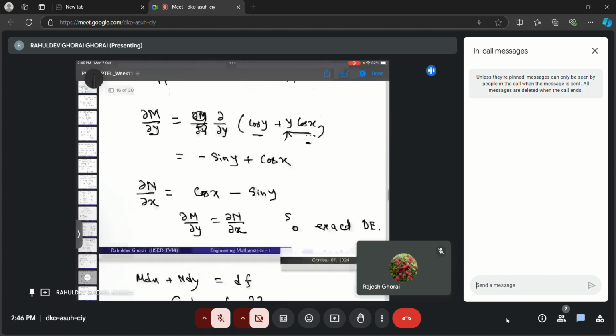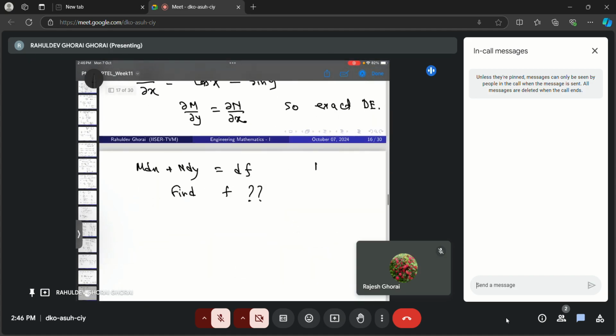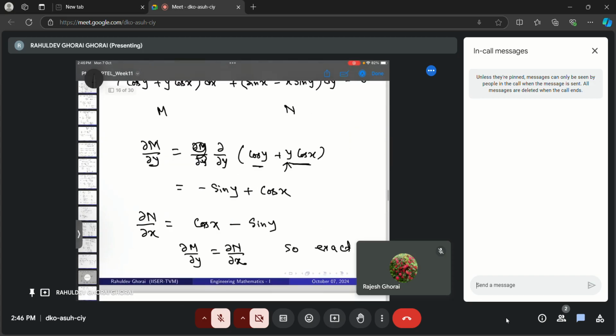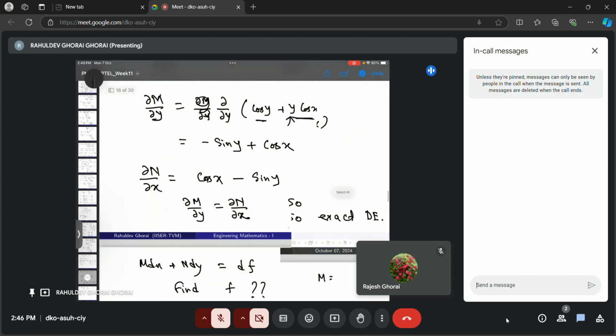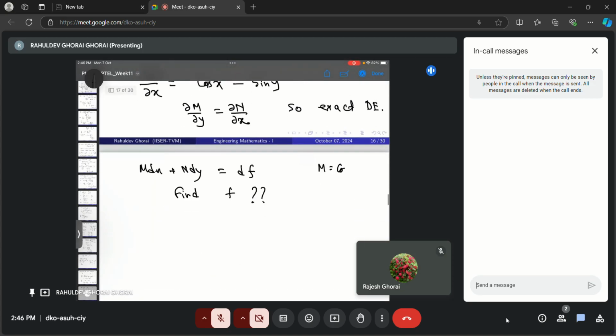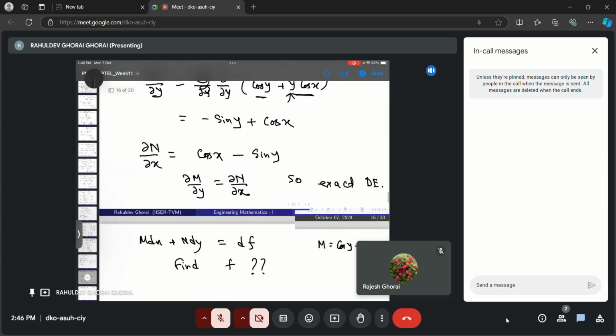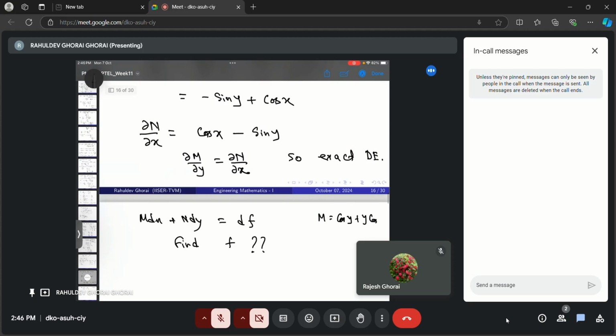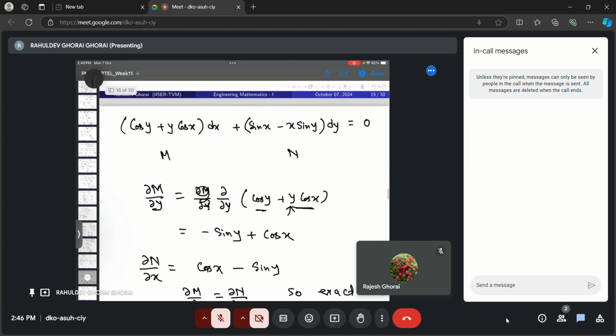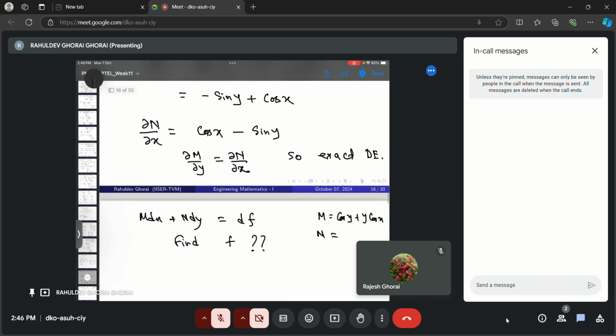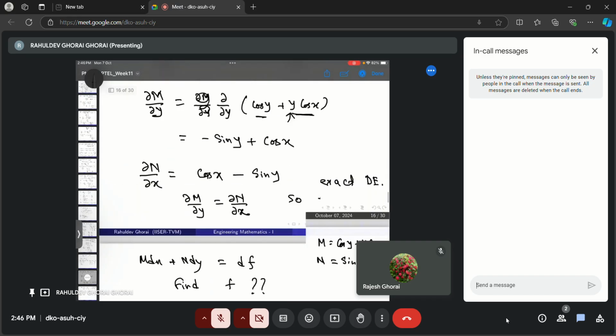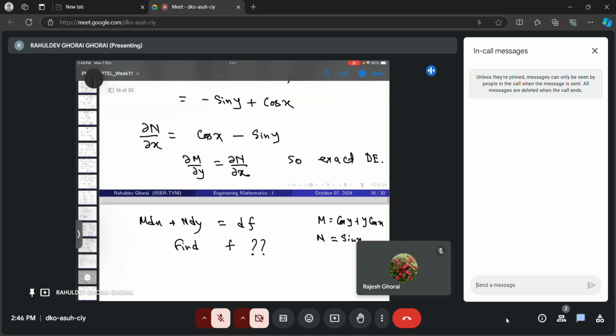M is cos y plus y cos x, N is sin x minus x sin y. So think for some time, then we'll do it also.